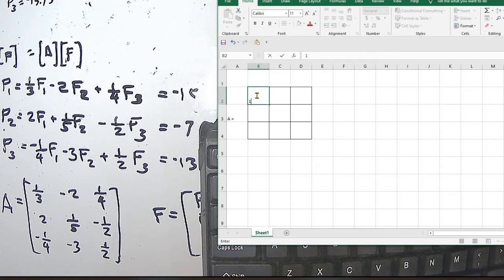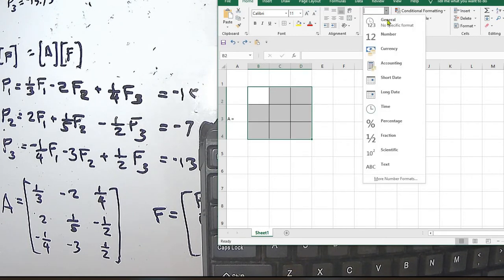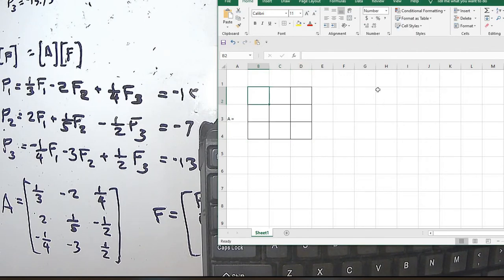This is 1/3. Oops. So, undo ko lang. Palitan ko yan ng number. Let's try, no? So, let's take this as equal sign 1/3.